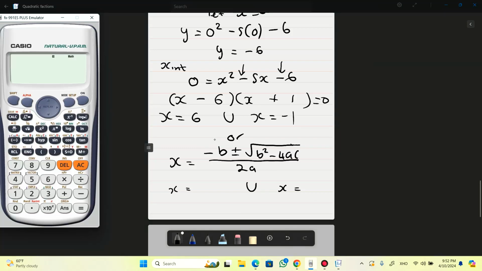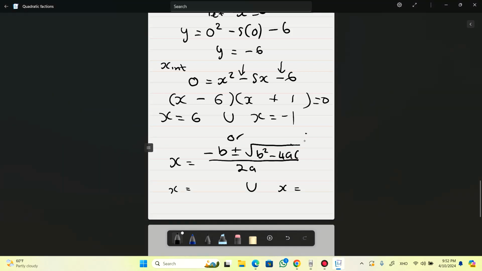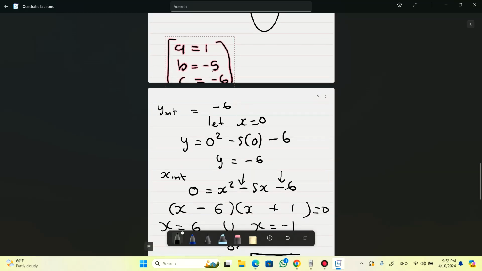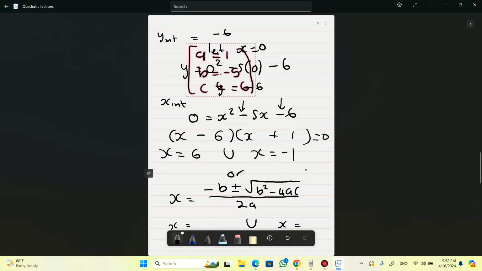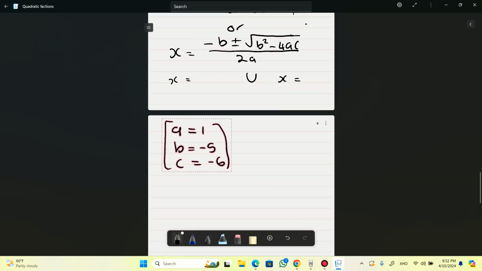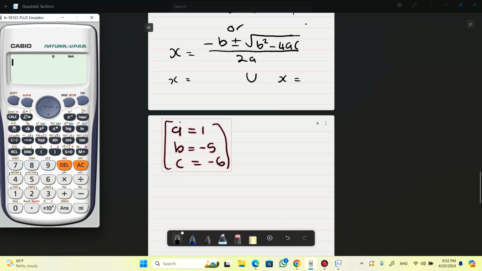So remember our a. Okay, let us move up again. Let me just take this one here. So in this case, we notice our b. First of all, you're going to press this button here. Can you see this button? Then I'm going to say negative.